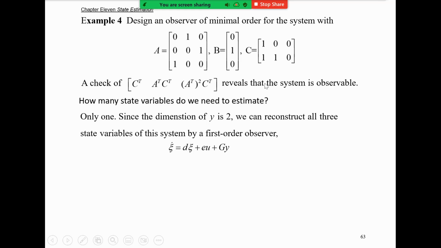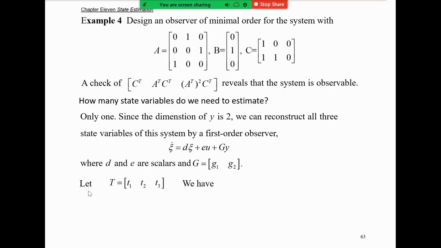Then how about the G? Now the output Y is a vector. G times Y should be a scalar. So therefore G has to be a scalar or vector? Has to be a vector, right? Otherwise you cannot get a scalar. So D and E are scalar, and G has to be a 2-dimensional vector. Okay? So you need to know that.